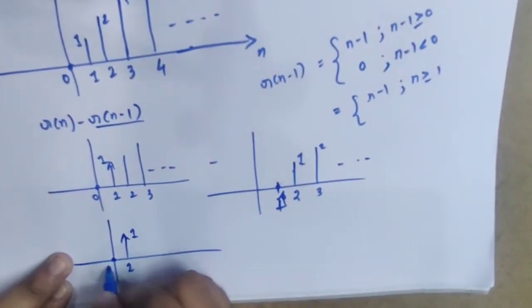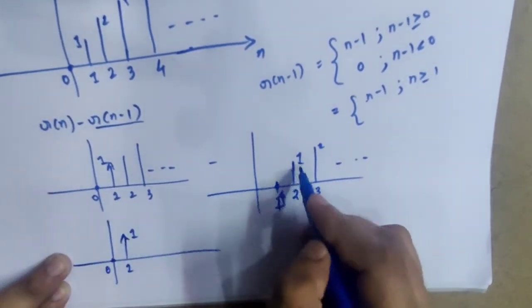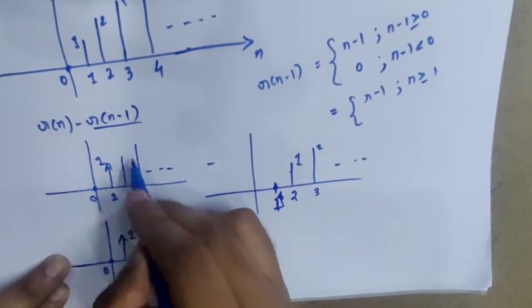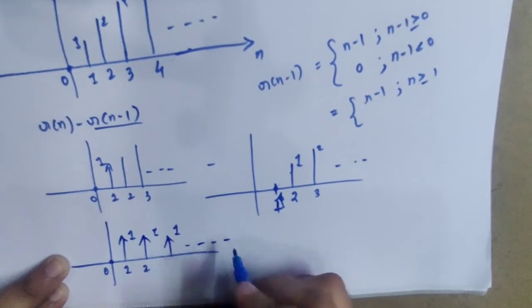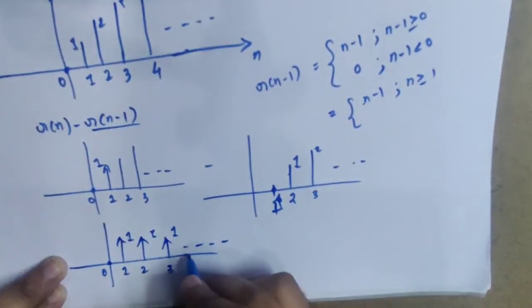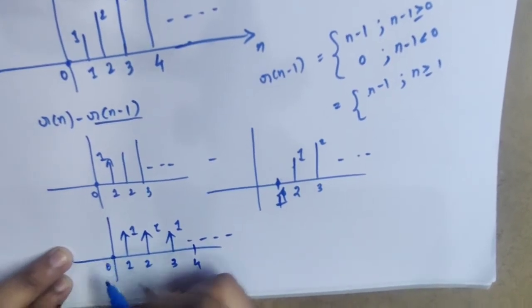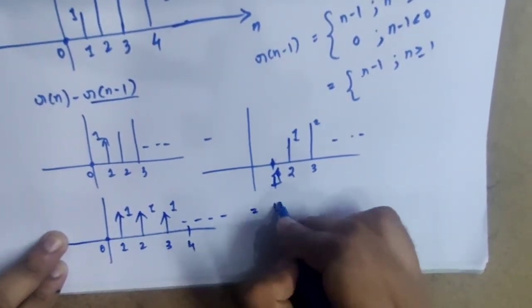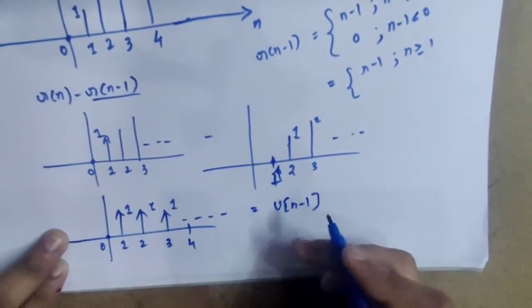At 2 the amplitude is 2, and here the amplitude is 1. Again it will become 1. At 3 here the amplitude is 3, here the amplitude is 2. Again it will become 1. So at every instant of time the amplitude will be 1, but at 0 it is having 0 amplitude. So what is this? This is u of n minus 1, right? At 1 it is getting started.